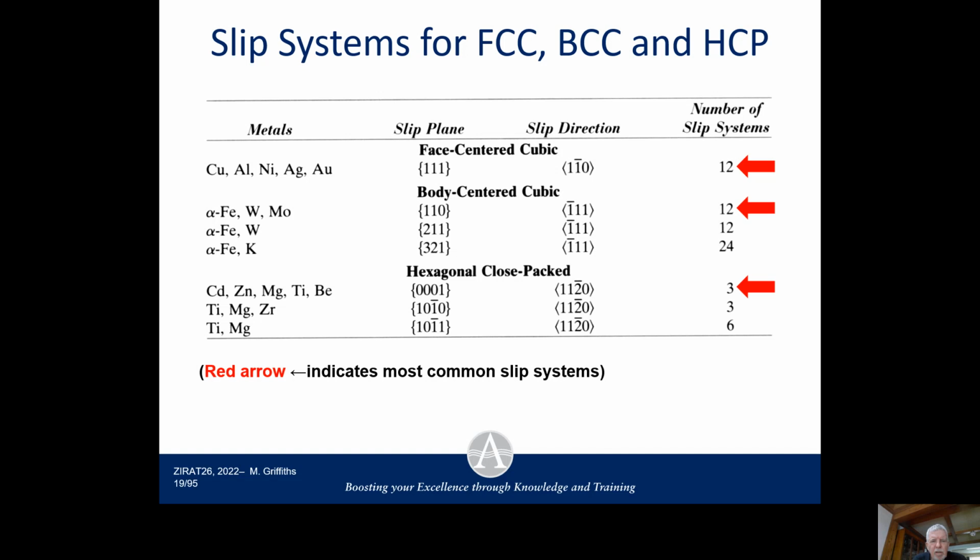Face center cubic is a 110 Burgers vector on a 111 plane. And so I've highlighted here in red arrows the most common slip systems, but the common slip systems in the hexagonal naturally only relate to some of the hexagonals. But when you change the C/A ratio, the close packed planes differ.